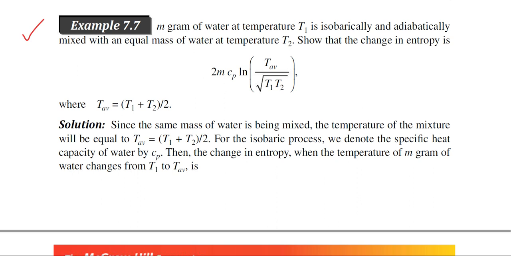In that case, we can write T average, that is the common temperature, is equal to T1 plus T2 by 2.